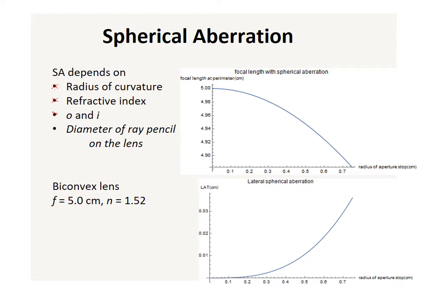Now, these things may or may not be easy enough to change. Certainly the refractive index is probably one of the hardest things to change. So, what can we change? It turns out, practically at least, the most important thing that we can do is we can change the diameter of the pencil of rays that arrive on the lens.